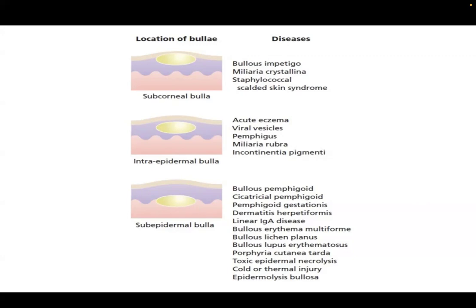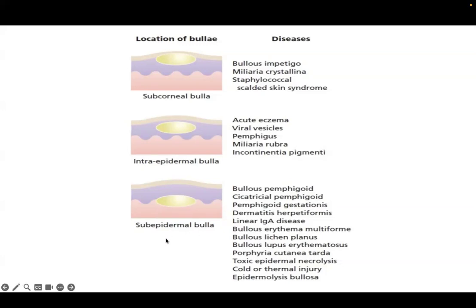For the intraepidermal bulla, the differential includes viral vesicles like herpes infection, and also some types of pemphigus like pemphigus vulgaris, and incontinentia pigmenti, which is a genetic disease.